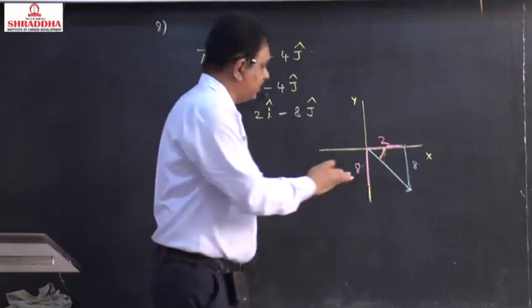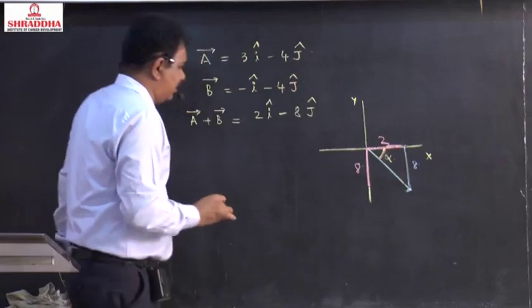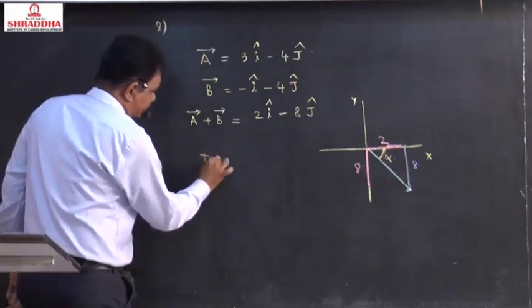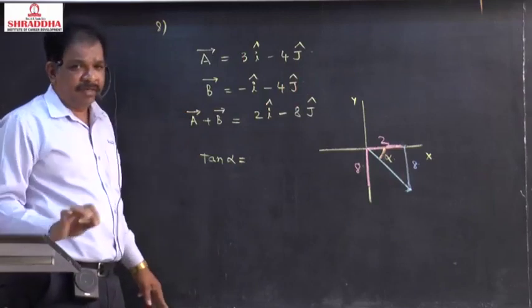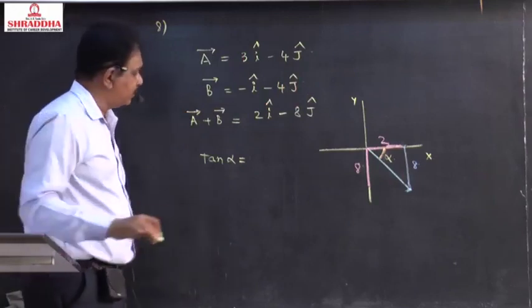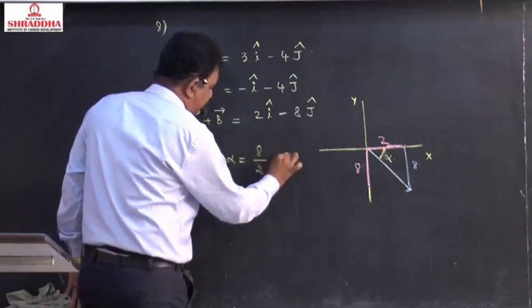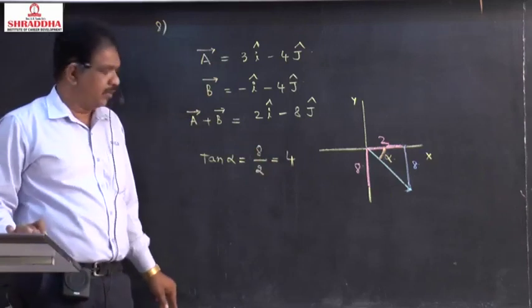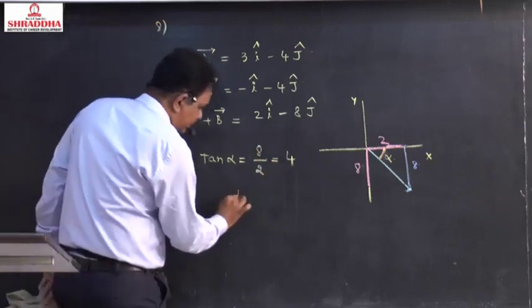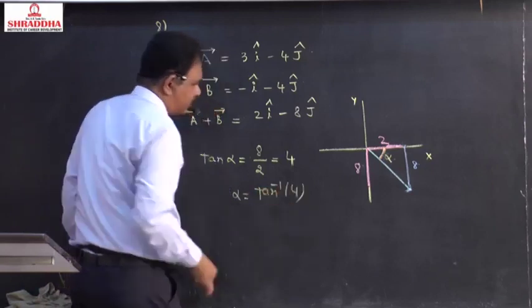Here I am assuming this angle is alpha. So tan alpha is equal to opposite side by adjacent side. Opposite side will be 8, adjacent side will be 2, this will be equal to 4. Then alpha is equal to tan inverse 4.